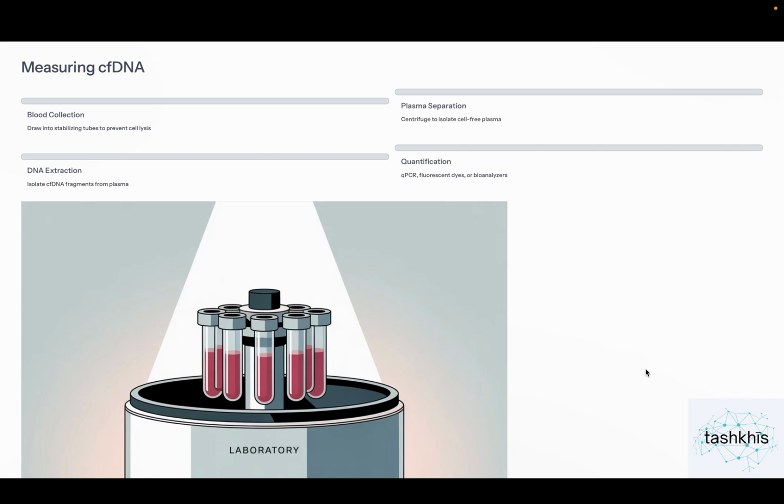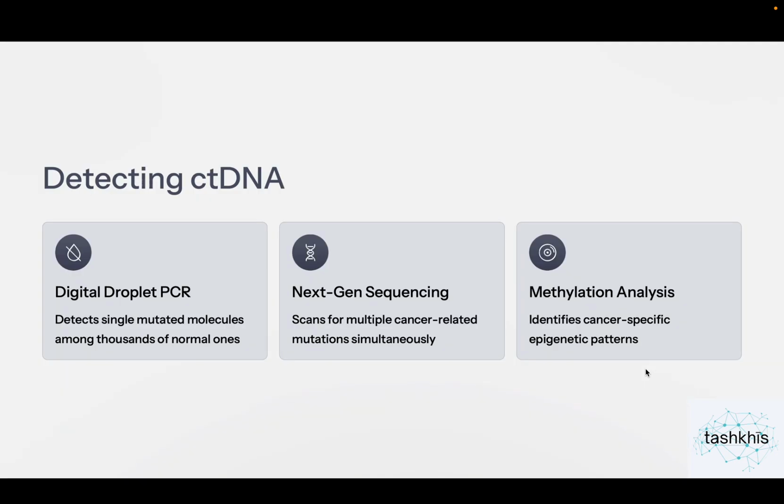And so naturally, we move on to the next question, which is how would we detect ctDNA? Measuring ctDNA means finding the cancer-specific DNA inside that total pool. So we can search for known mutations using digital droplet PCR or BEAMing, which can detect a single mutated molecule among thousands of normal ones.